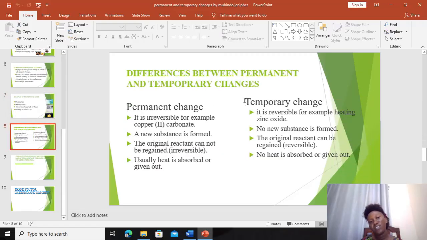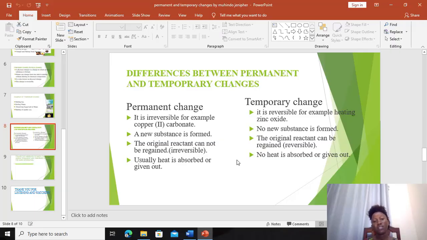Let us look at the differences between permanent and temporary changes. In permanent change, the change is irreversible, meaning that it cannot go back to its original state, while in temporary change, the change is reversible, meaning that it can go back to its original state.